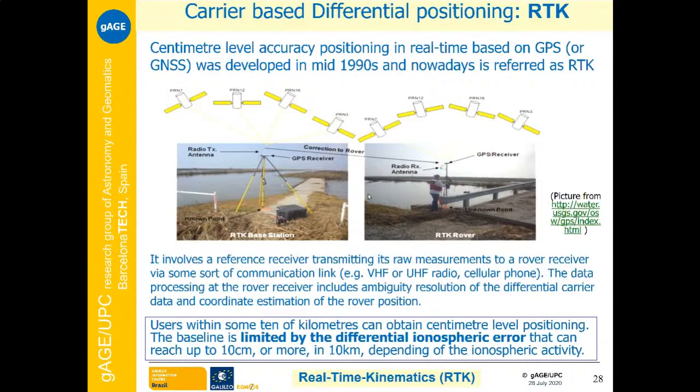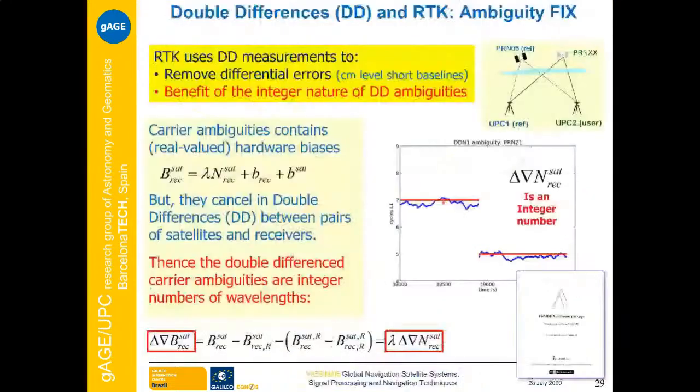Then there is a limitation in the baseline, and this limitation is due mainly to the atmospheric propagation errors. And this limitation in RTK, the baseline, depending on the area, the region in the planet, is limited to 10 to 20 kilometers.